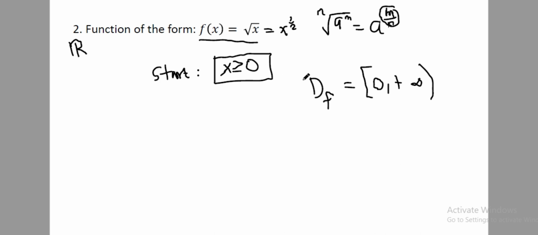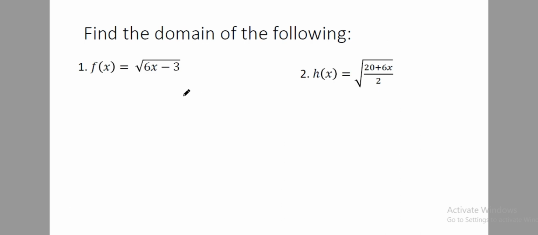Now let's apply this. Find the domain of the following functions. For number 1, again, we start with 6x minus 3 greater than or equal to 0. Then we do the algebra. As much as possible, our x must be positive.